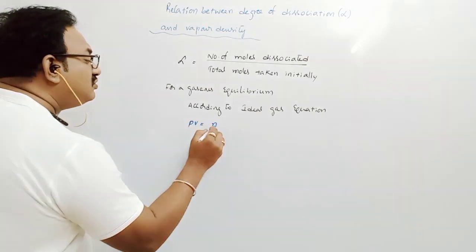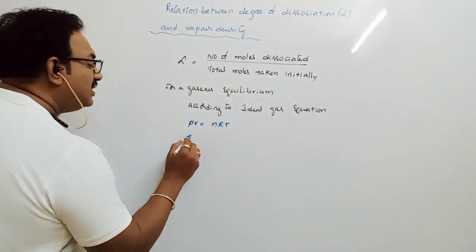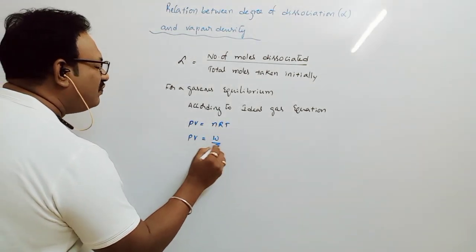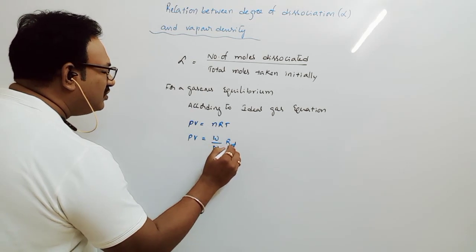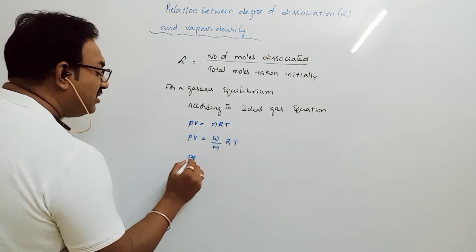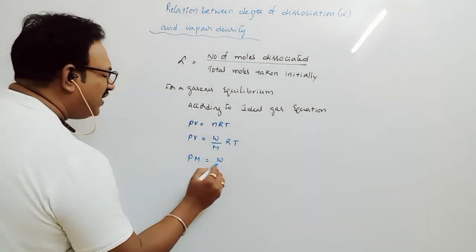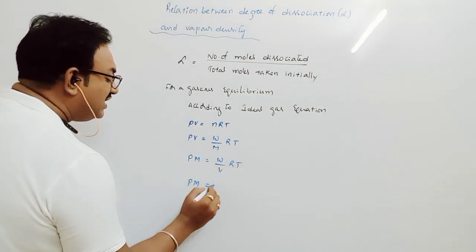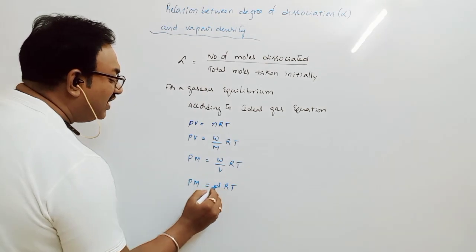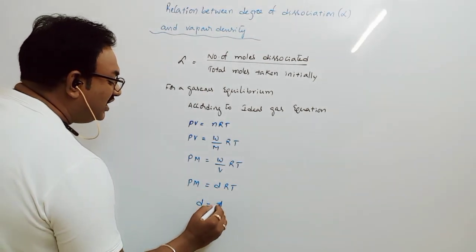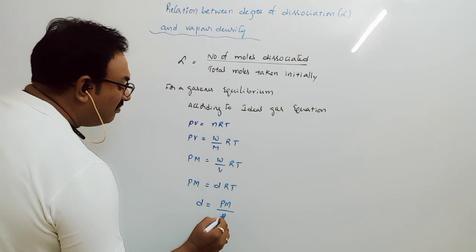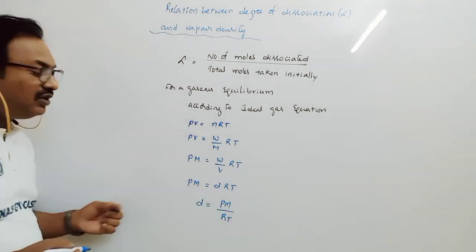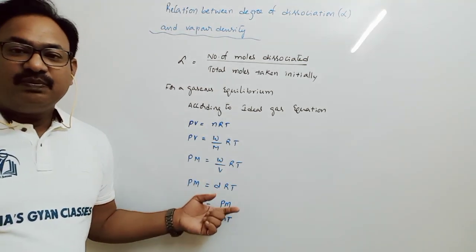PV is equal to nRT. Then PV is equal to weight by molecular weight into RT. It can be written as PM is equal to weight by volume into RT. Then PM is equal to dRT, where d is density. So d is equal to PM by RT. Okay, density is equal to PM by RT.